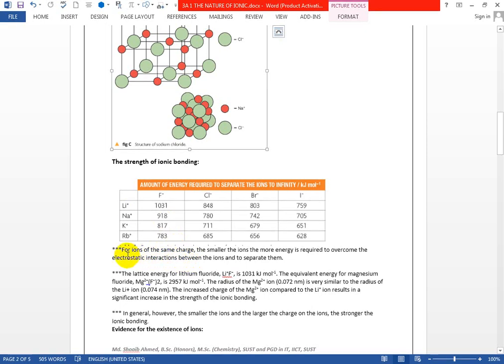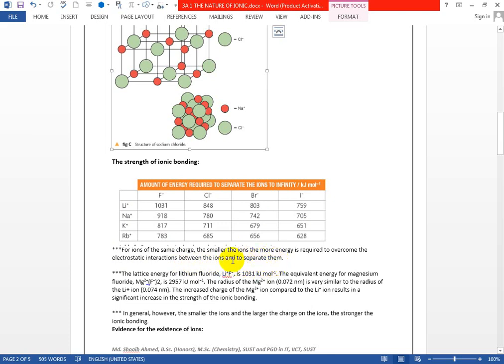So for fluoride it decreases, for bromide it decreases, and for iodide it decreases, like lithium iodide. So we have understood from this that for ions of the same charge, the smaller the ions, the more energy is required to overcome the electrostatic attraction between ions and to separate them.